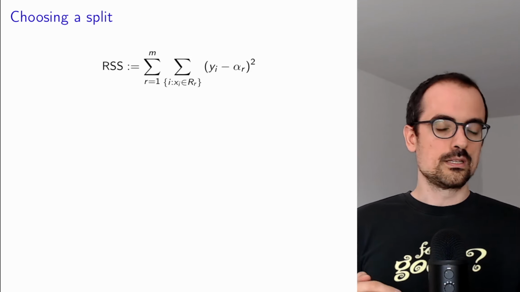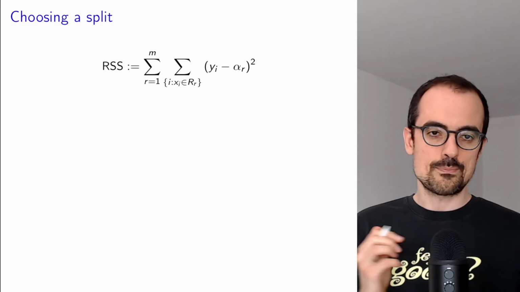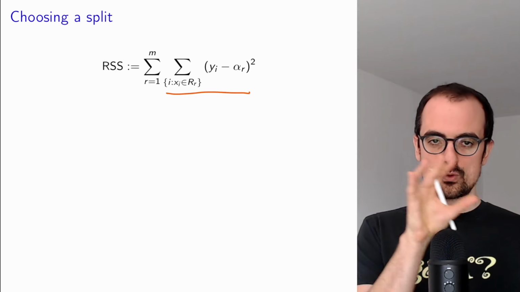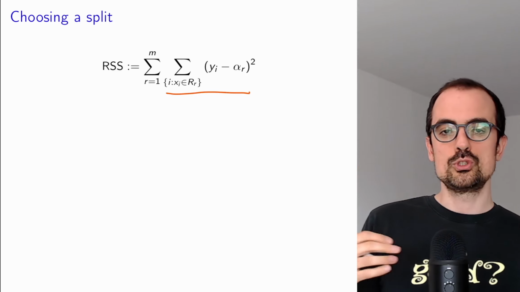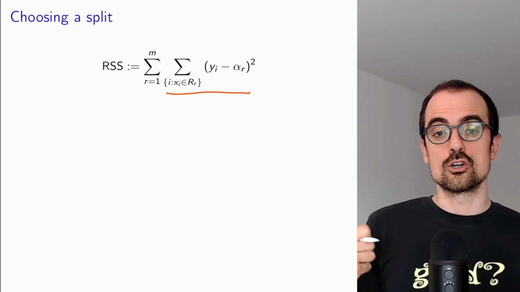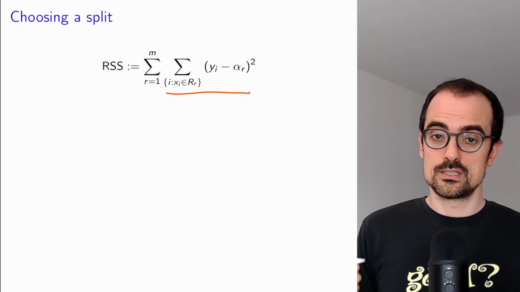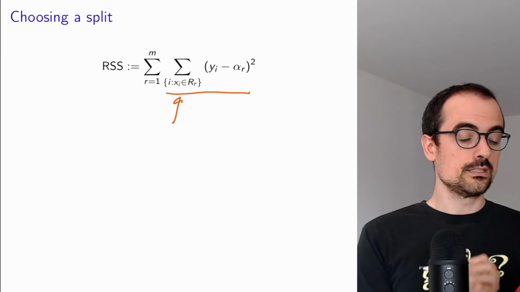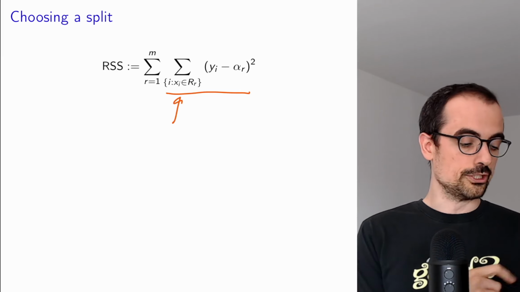If we focus on one of the regions, we can separate this residual sum of squares into the residual sum of squares in each of the regions. And we want to choose a split, which basically means we're going to separate one of the regions. We can consider how this changes the residual sum of squares. It's obviously going to only change the term corresponding to that specific region.